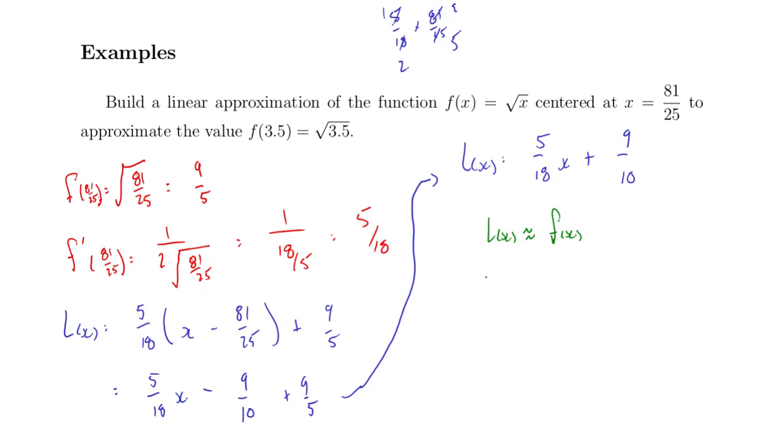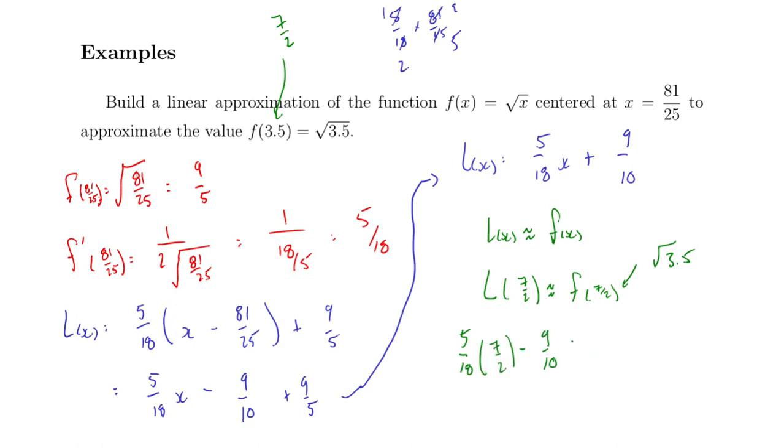All of this to say, L of x is approximately equal to f of x. And so that means L of 3.5, which I'm going to call 7/2, is approximately equal to f of 7/2, and that's our square root of 3.5. L of 7/2 is 5/18 times 7/2 minus 9/10.